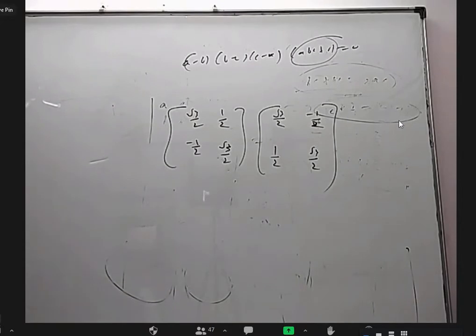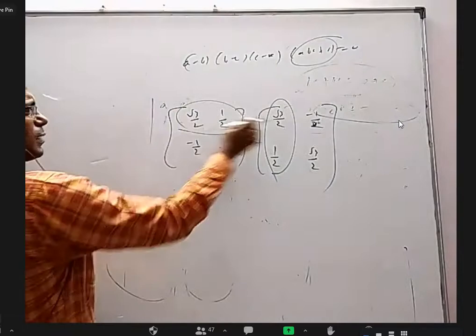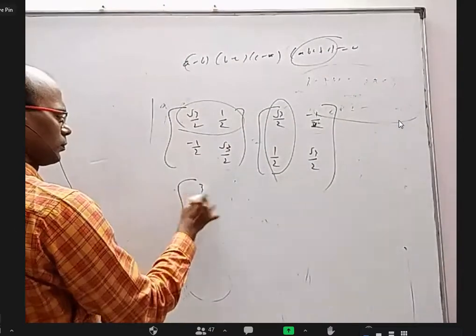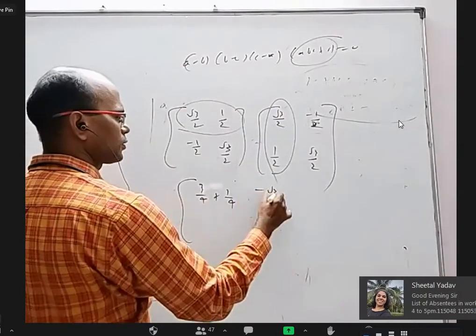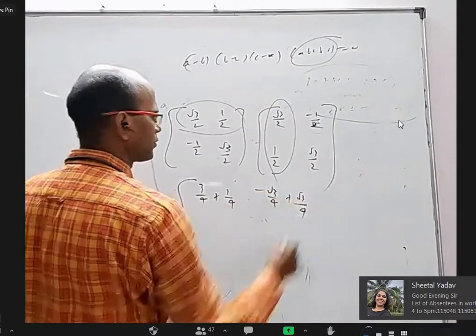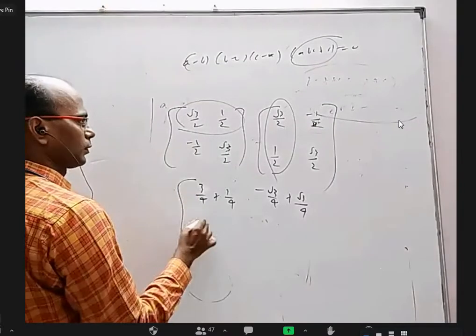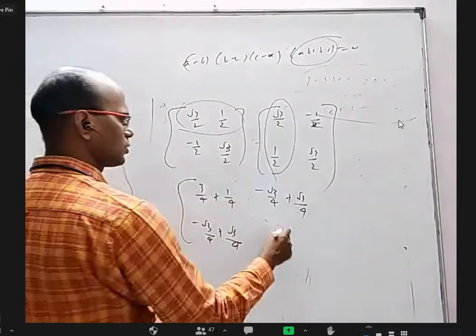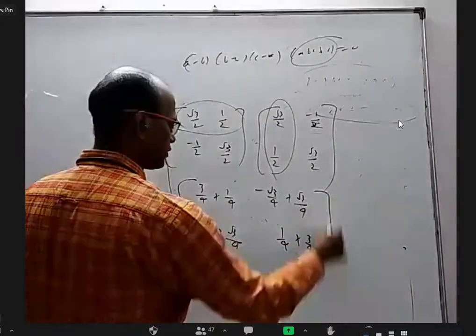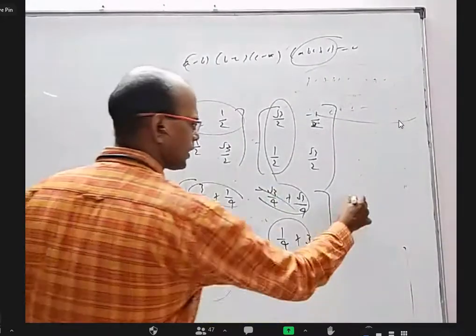If I take first row into first column, we get 3 by 4 plus 1 by 4. First row into second column, minus root 3 by 4 plus root 3 by 4. Second row into first column, minus root 3 by 4 plus root 3 by 4. Second row into second column, 1 by 4 plus 3 by 4. This is 0, this is 0, this is 1, this is 1. Identity matrix coming now?